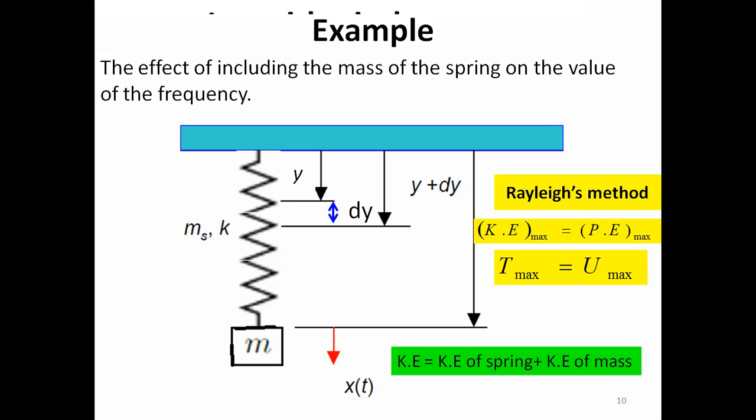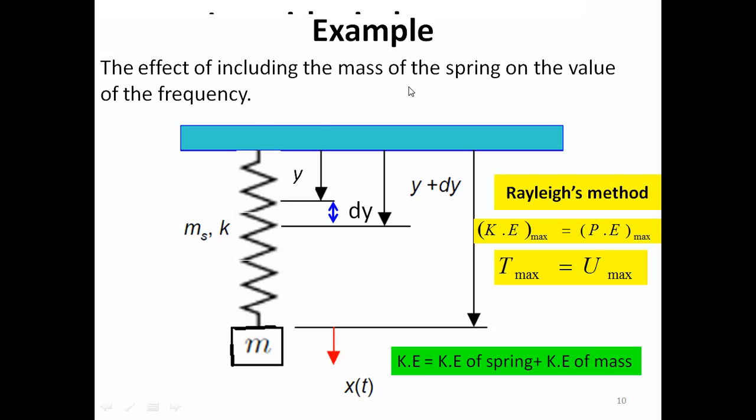At the end, if you find the natural frequency, if you find the response of the system, and you compare with the experimental results, there would be a tremendous amount of error. So in all those cases where the mass of the spring is considerable, we have to consider it. And this topic is about that.